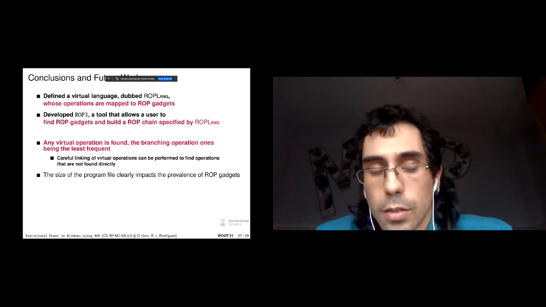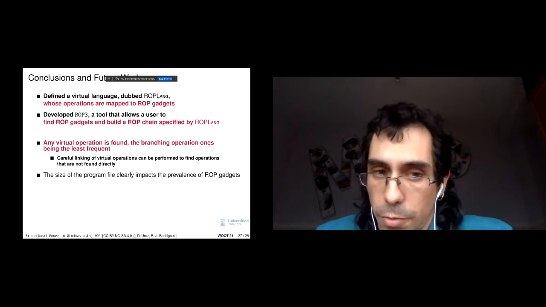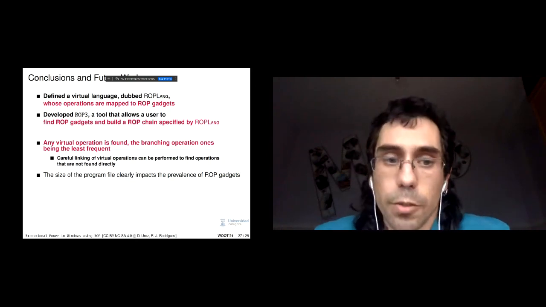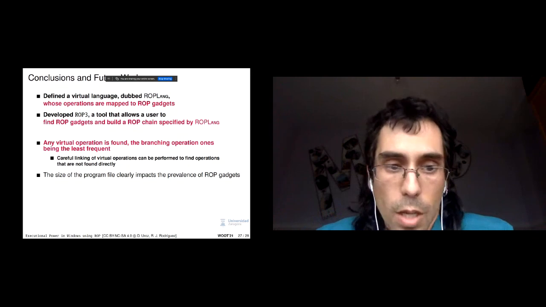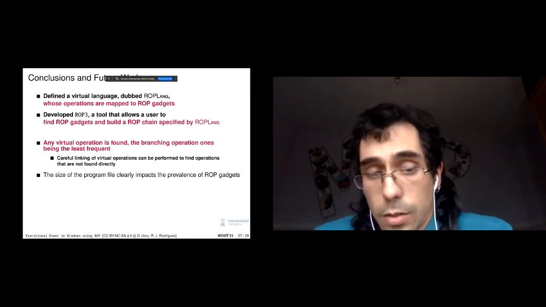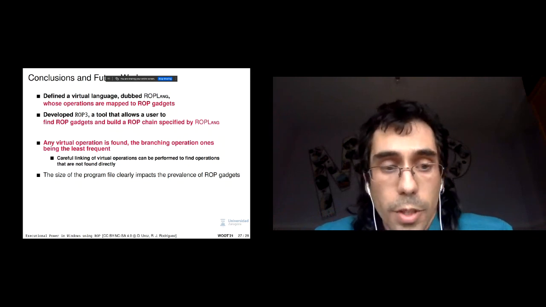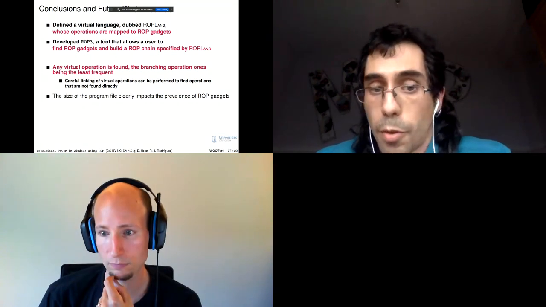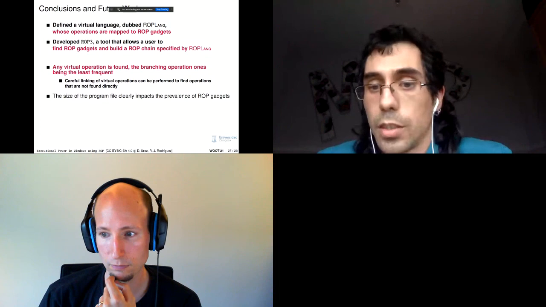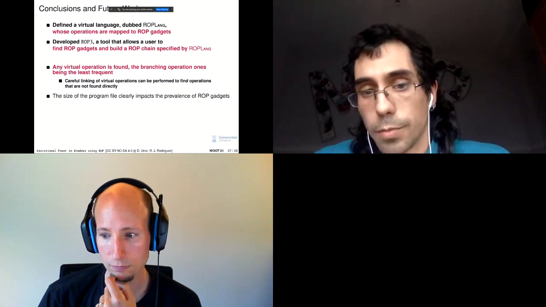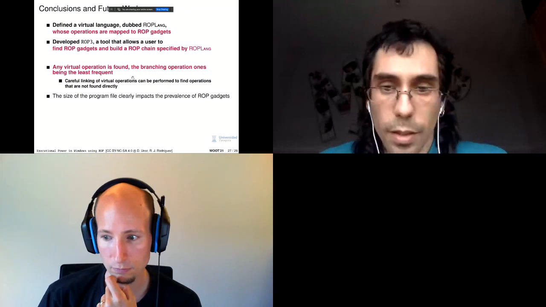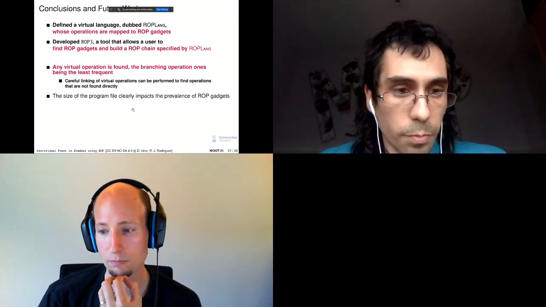In any event, the adversary can make a careful linking of the virtual operations to find any kind of operation that he wants. And as I have commented before, and other authors already claimed in the literature, the size of the program file clearly impacts the prevalence of the ROP attack. So the larger the DLL, the higher the number of results.